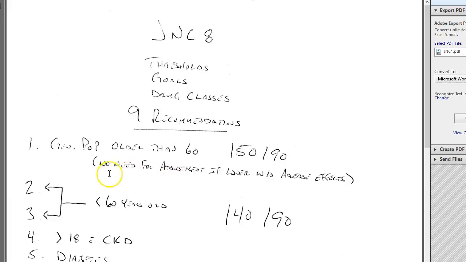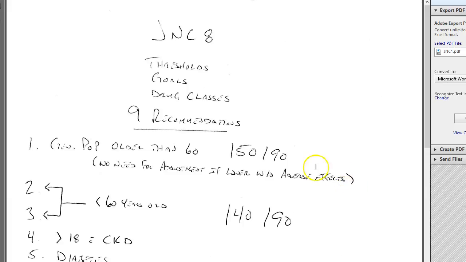However, a little caveat here. If you have these patients on a medication or medications for blood pressure, and they happen to be running lower than 150 over 90, that's fine. There is no need to go stop medications to get them up to 150 over 90. So no need for adjustment if they're running lower without any adverse effects.